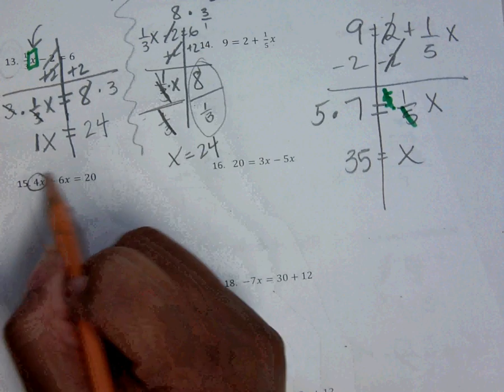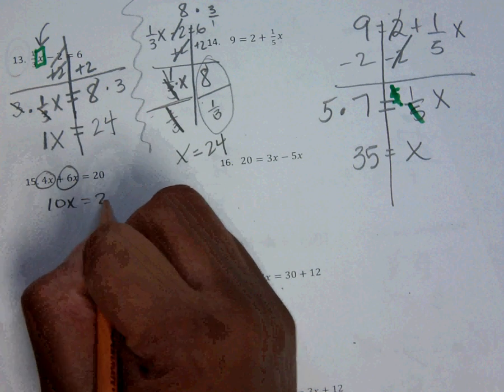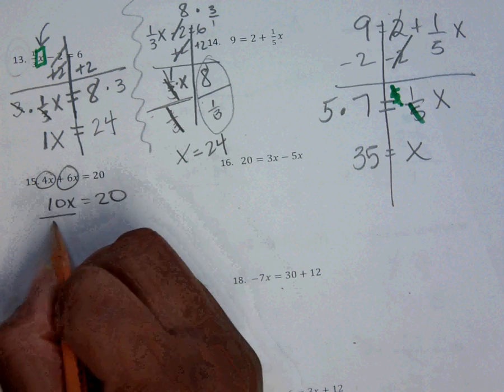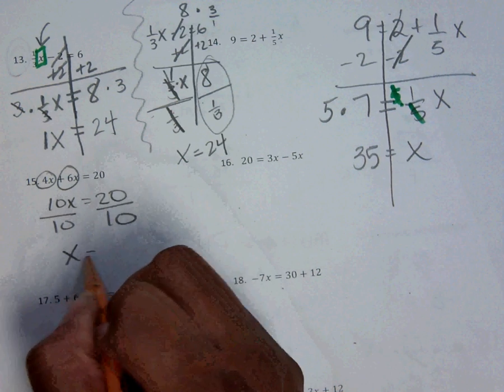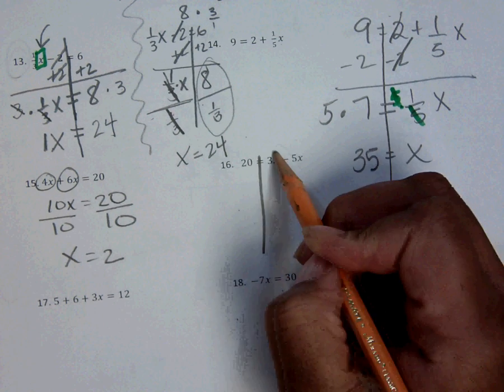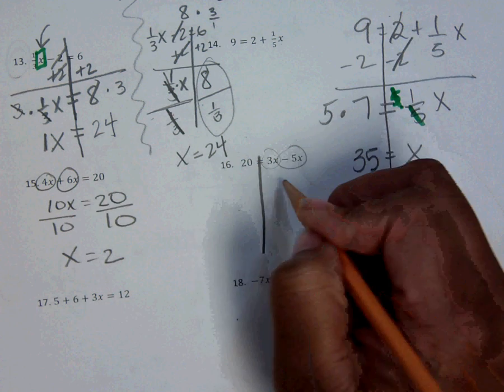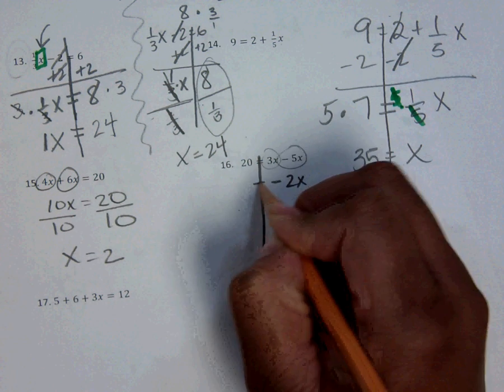I see like terms. So what do I want to do? Combine them first. And now you're going to divide by 10. X is 2. Over here, I see like terms. Draw my line. I have to put those together first. And what is that going to be? Negative 2x first.